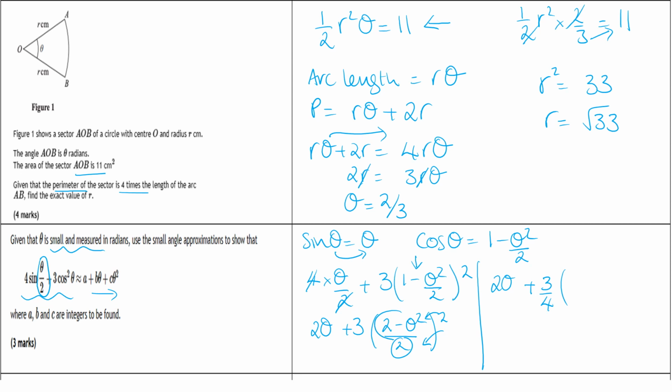Squaring out the top is going to be 2 times 2, 4, minus 4 theta squared, and then plus theta to the 4. Now times in that 3/4, I'll get 2 theta plus 3 minus 3 theta squared.